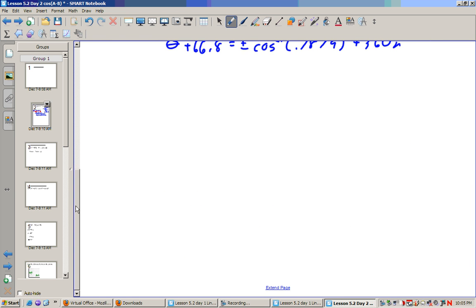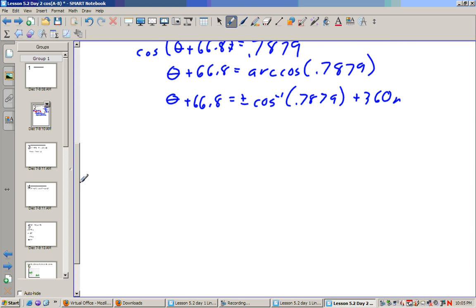Now the inverse cosine of our previous answer is 38 degrees. So theta plus 66.8 is plus or minus 38 degrees, plus 360n.